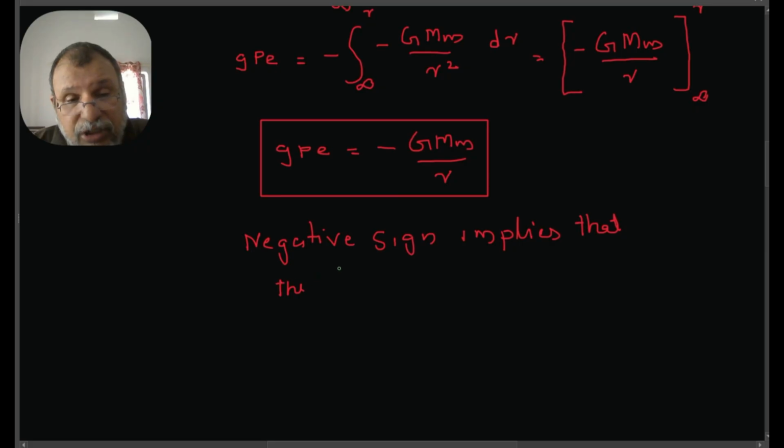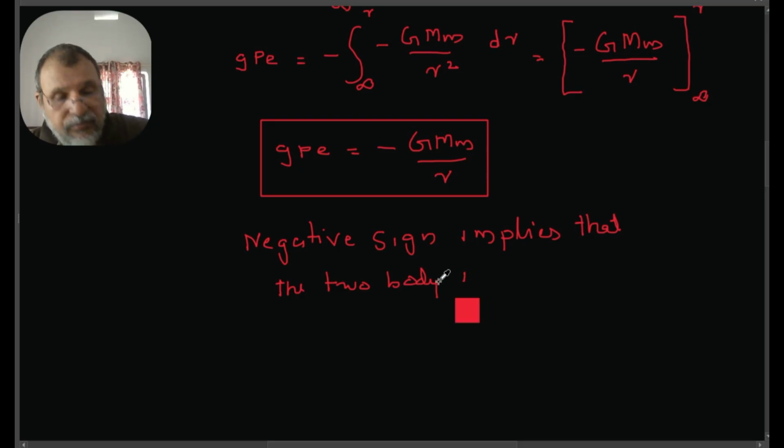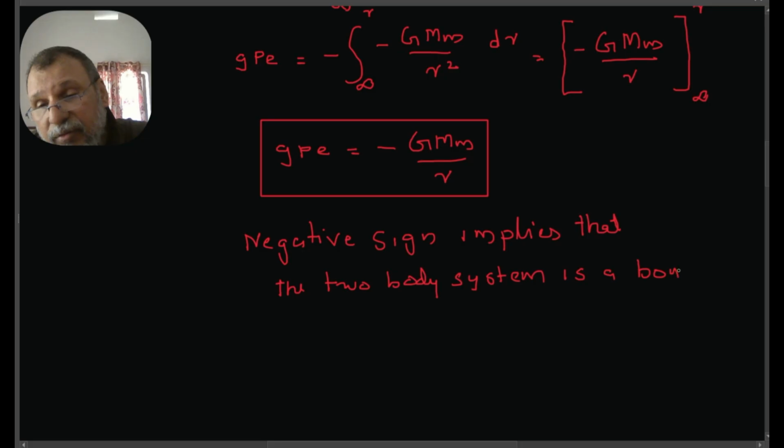Of course, in gravitation, the two body system in a gravitational field is a bound state.